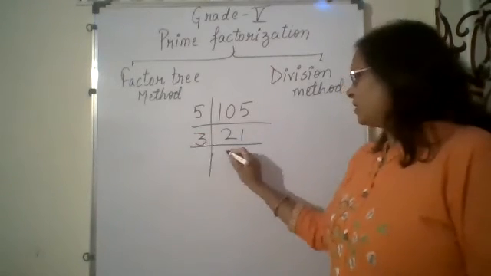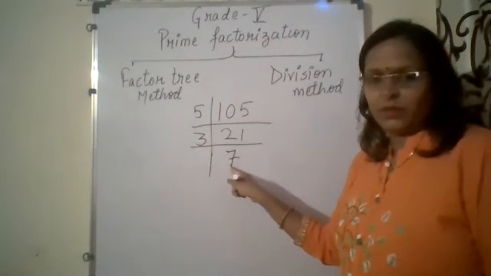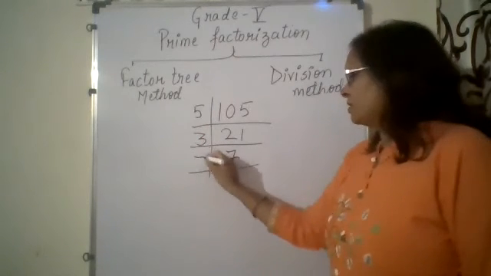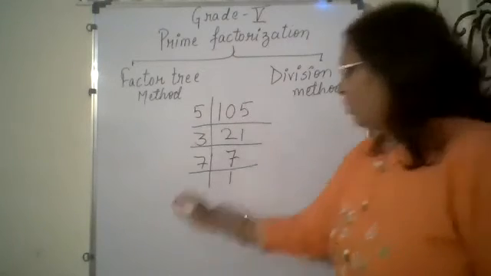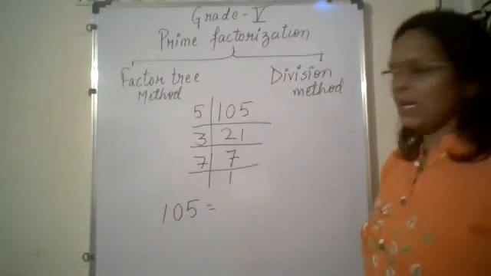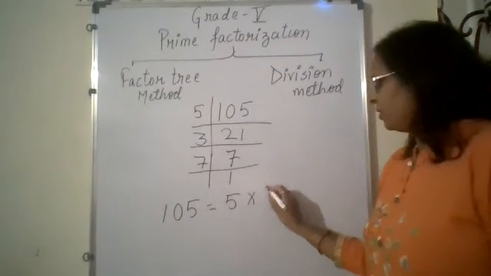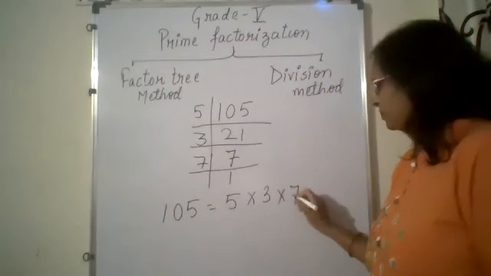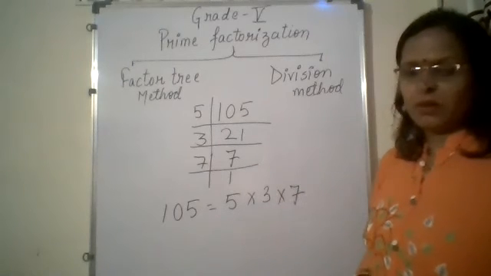So 3 sevens are 21, or you can take 7 here also, 7 threes are 21. Next, 7 ones are 7. So 105 can be written as the product of these prime numbers. I hope the division method is also clear to you.